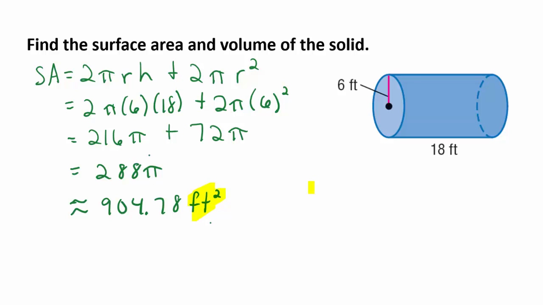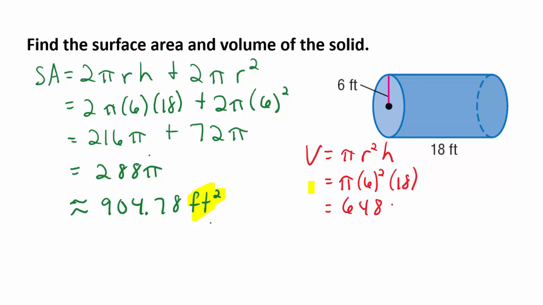Now we're going to go ahead and find out what the volume is. Remember, volume of a cylinder is equal to pi r squared times h. We know what pi is, which is 6 squared times h, which is 18. 6 squared is going to be 36. 36 times 18 is going to be 648 pi. Can't forget our pi.